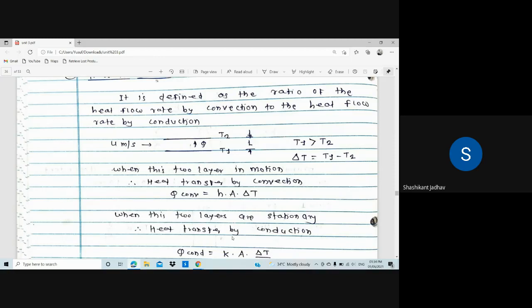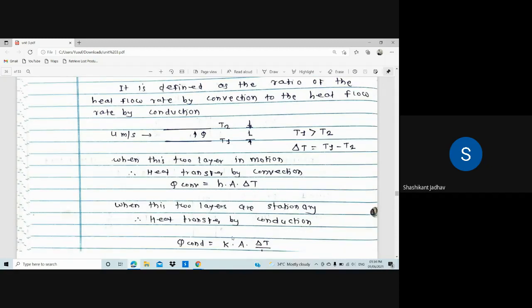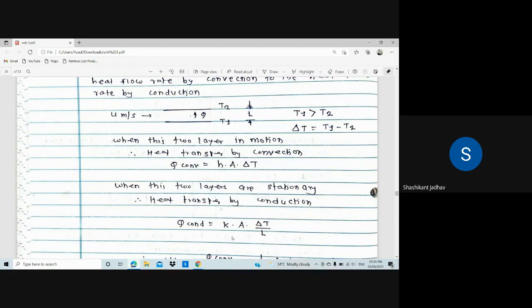Okay, so all of you write down, when these two layers are in motion, therefore heat transfer by convection, Q convection is equal to h into A into delta T.